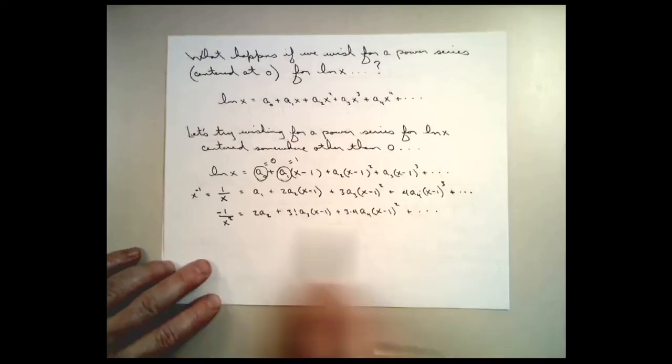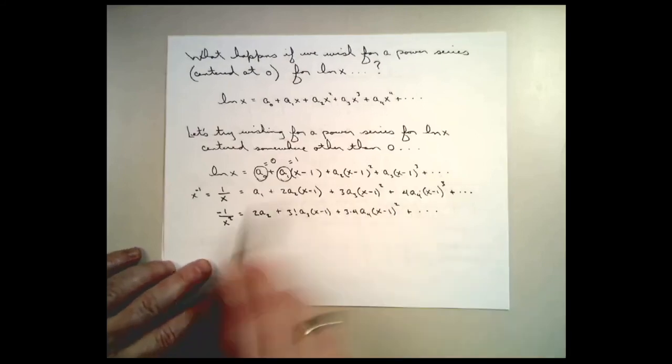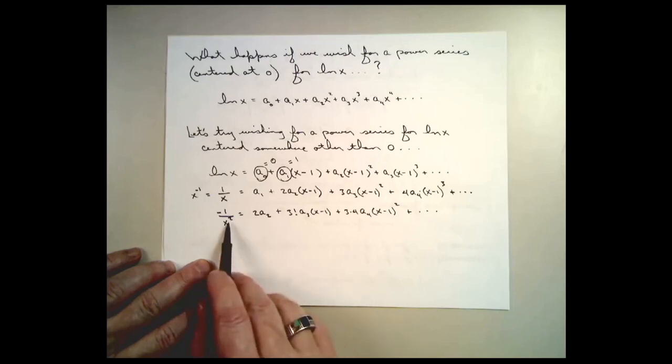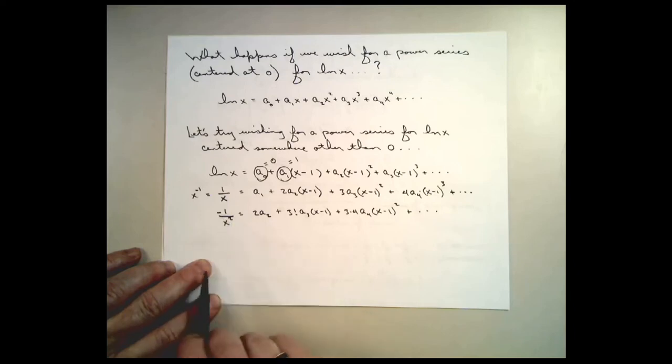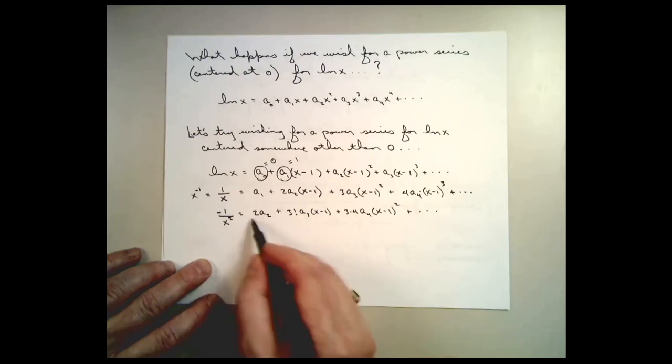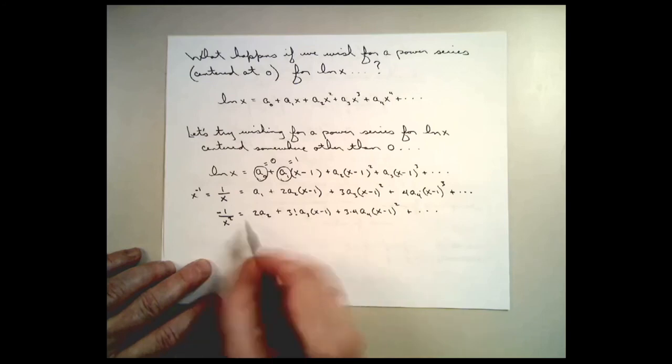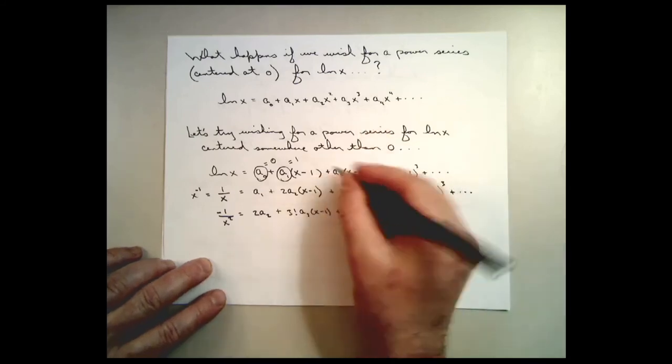All right, so again, this collapses to 2a2 whenever x is 1. Whenever x is 1 over here, I've got exactly negative 1. So this says negative 1 is 2a2. So a2 is going to be negative 1 over 2, negative 1 half.